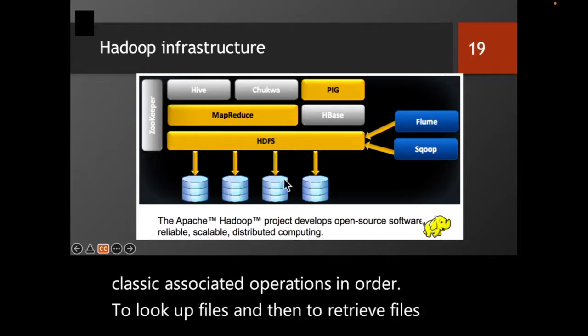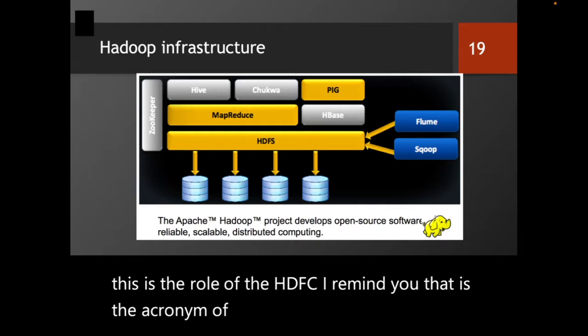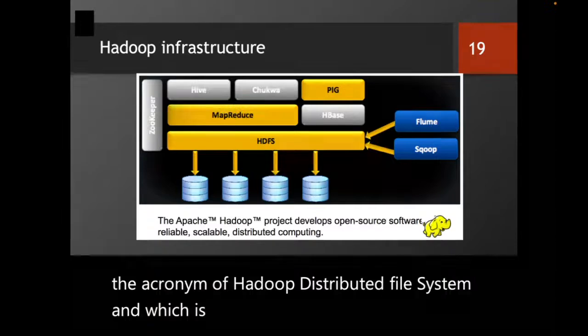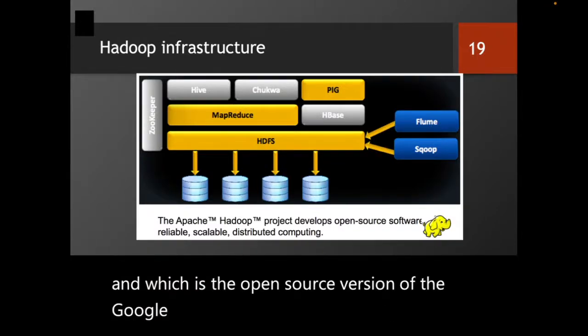This is the role of the HDFS. I remind you that HDFS is the acronym of Hadoop Distributed File System, which is the open source version of the Google GDFS, Google Distributed File System.